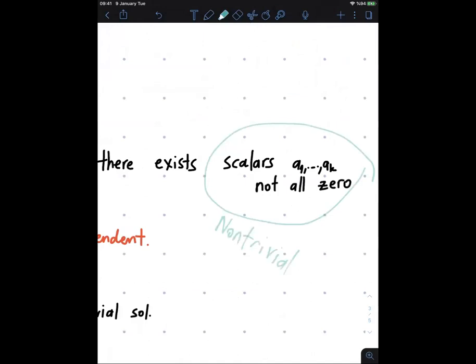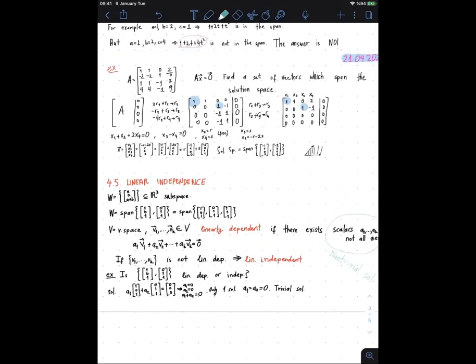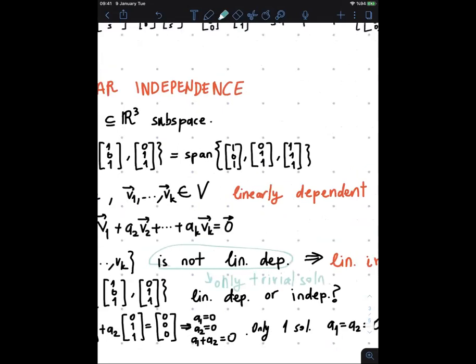If there's a non-trivial solution, then it is linearly dependent. And if there's only the trivial solution, then it is linearly independent.